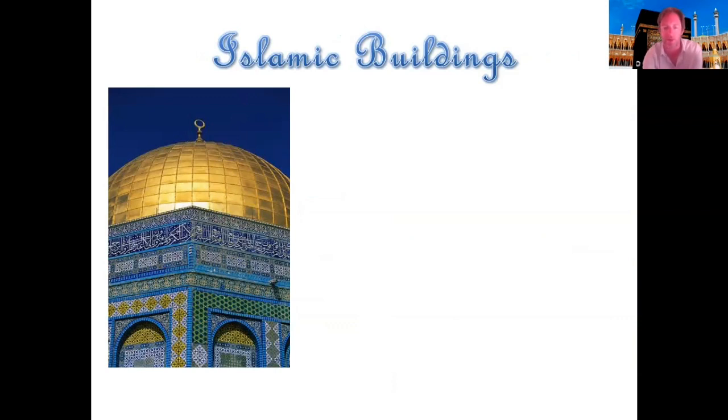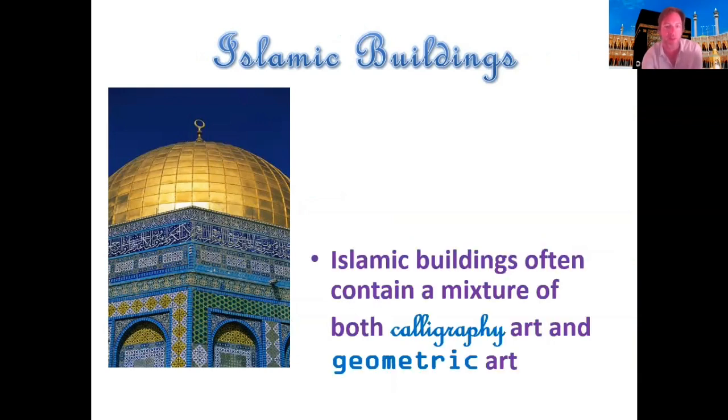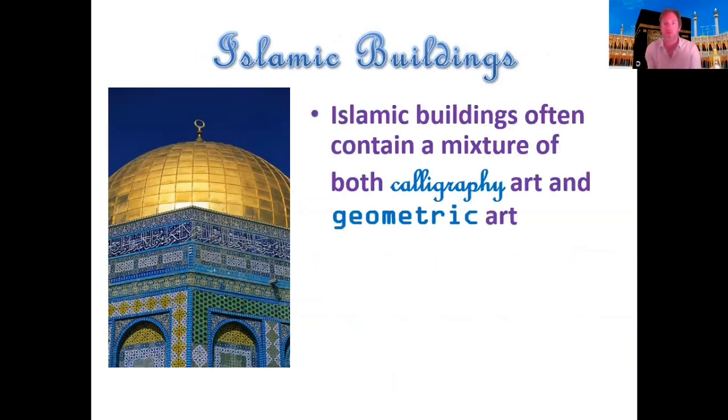Look at this example here of an Islamic building. You see that it contains both of the concepts that we were just thinking about. This one has a mixture of calligraphy and geometric art. So you can see here the calligraphy goes around the outside of the building, but also all underneath here is geometric art.